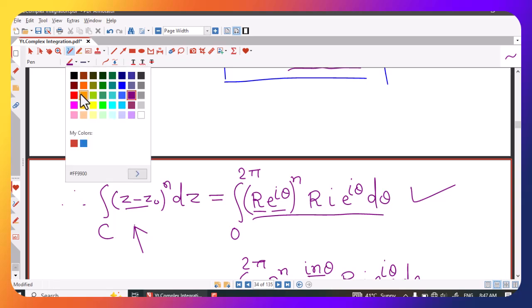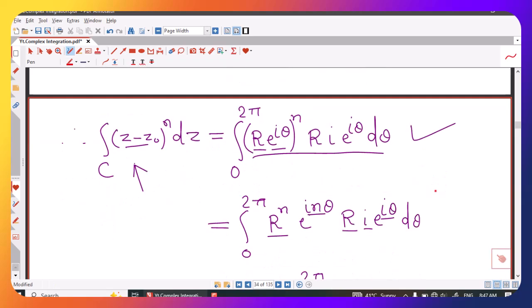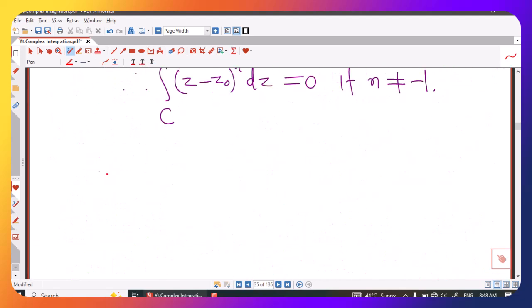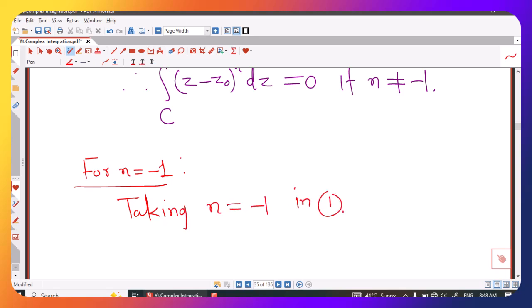We can give this number 1. Suppose I give this number 1, and I will take n equal to -1 in this equation and simplify. So for n equal to -1, we write in this way, taking n equal to -1 in equation 1.